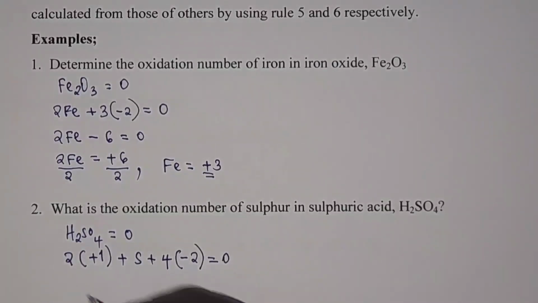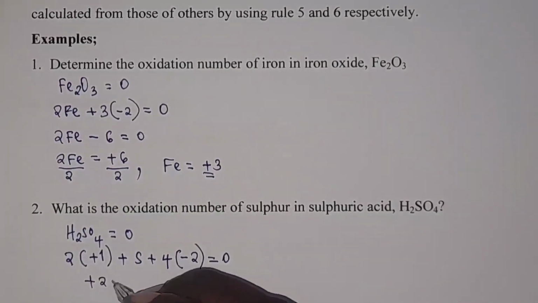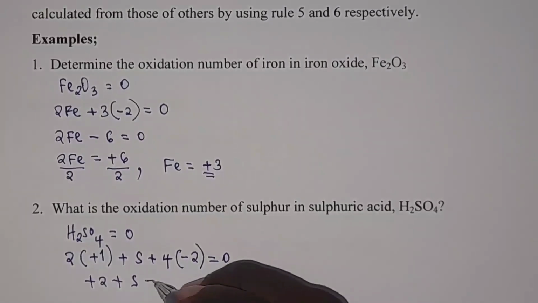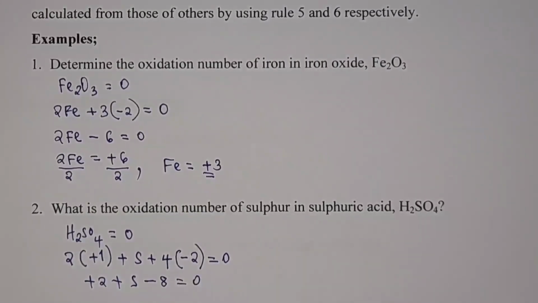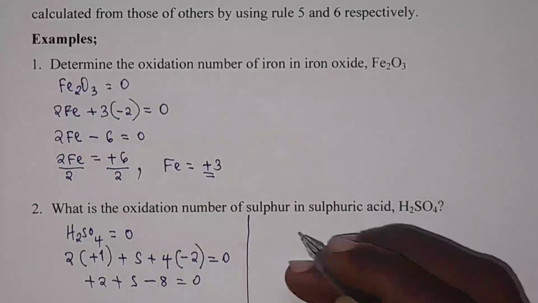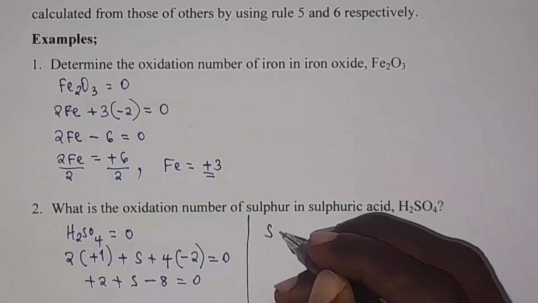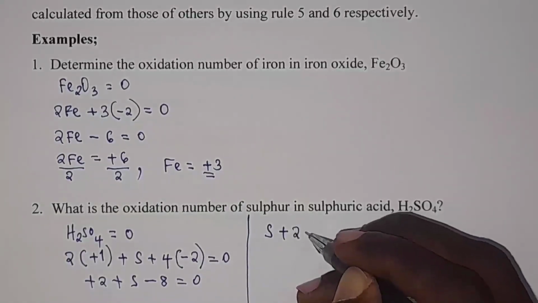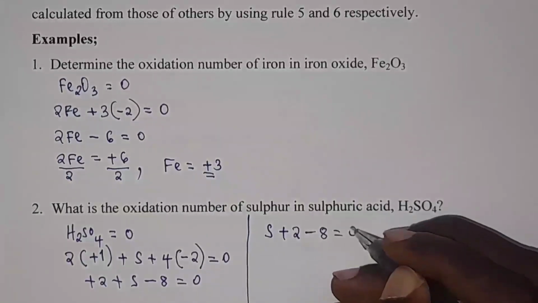So remove the bracket. We are going to have +2 here. Plus sulfur -8 will be equal to 0. Then next, collect the like terms together. We are going to have S plus 2 minus 8 will be equal to 0.